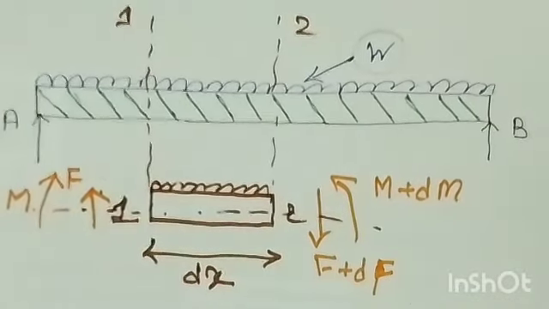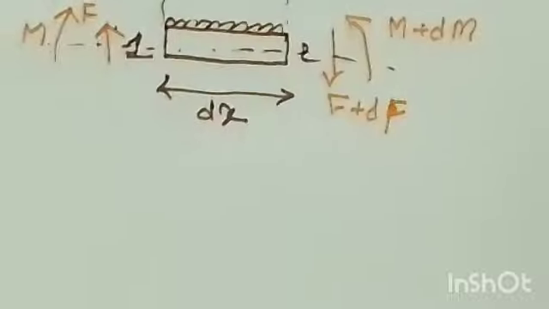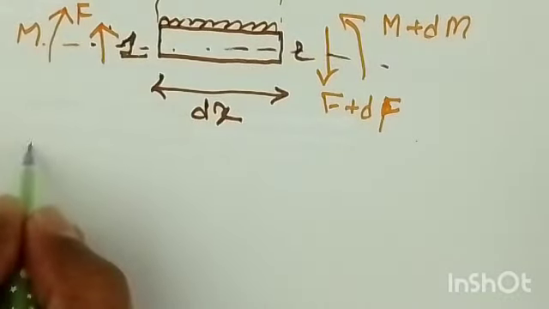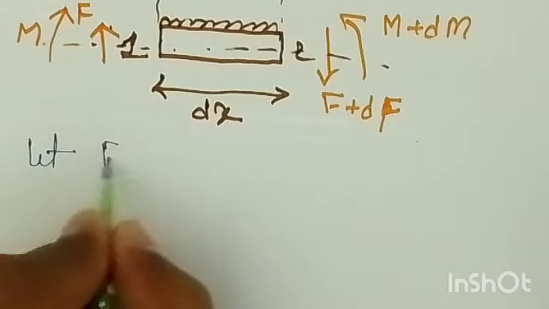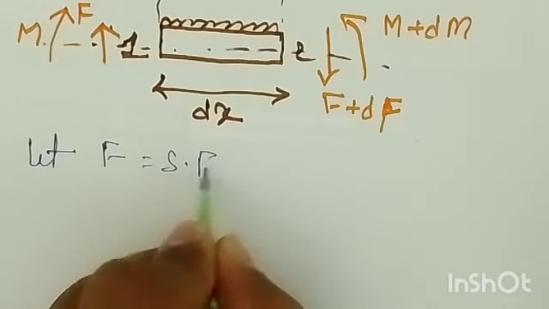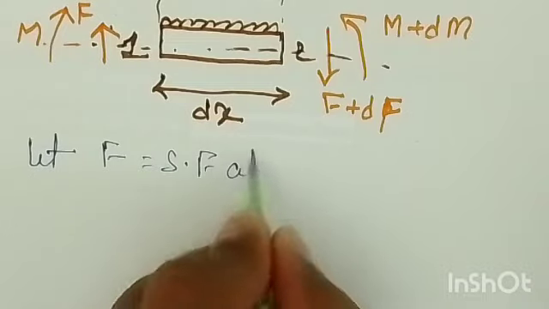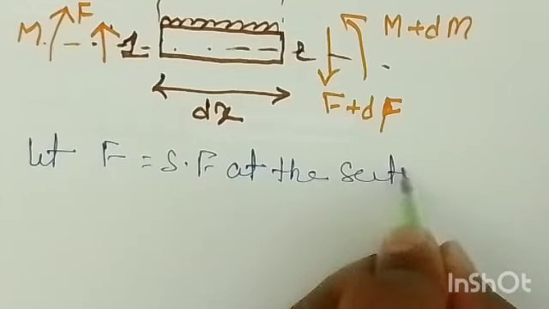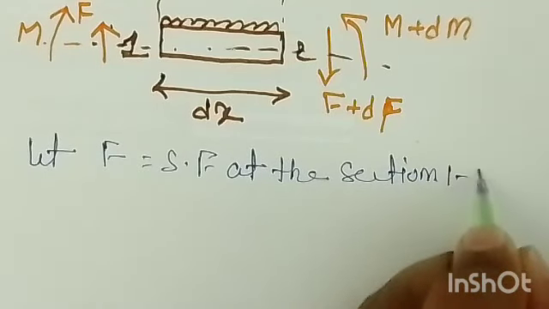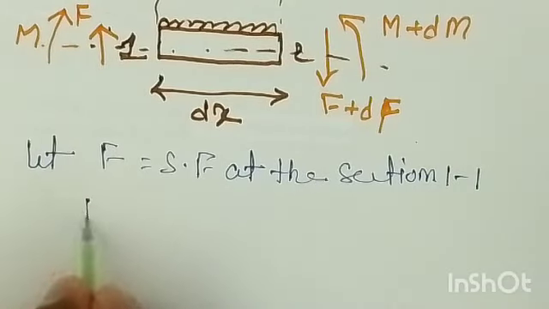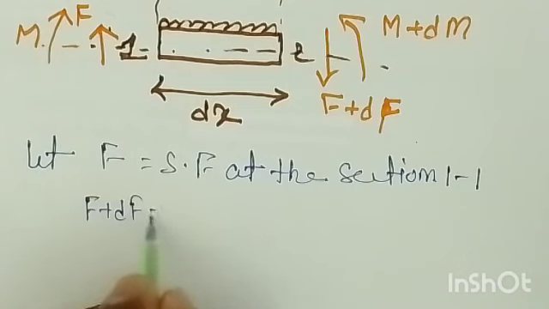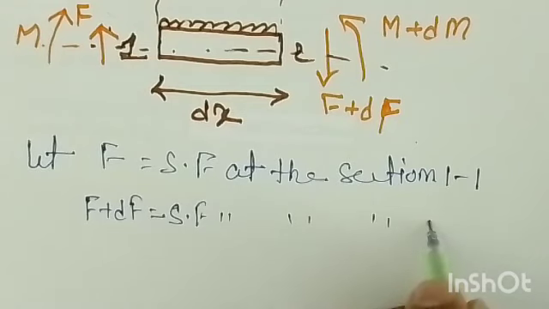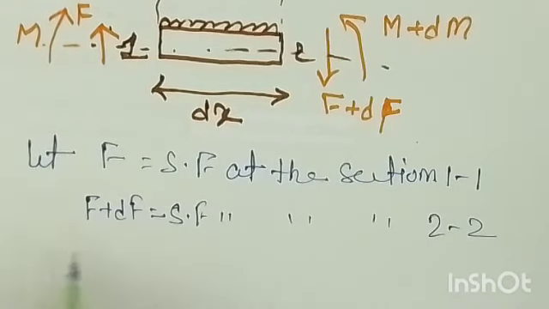Now we can write all the data we have considered here. Let F be the shear force at section 1-1, and F plus dF is the shear force at section 2-2.